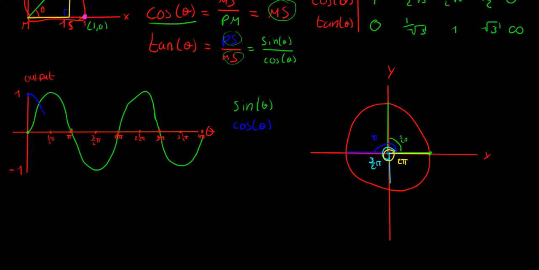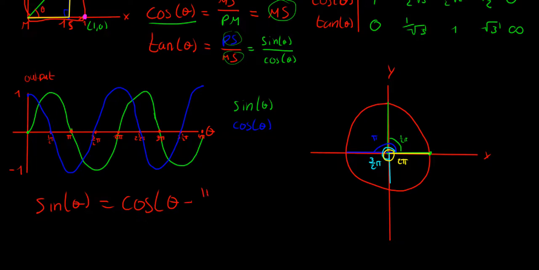Now for our cosine function, cosine of theta, the cosine actually starts at 1. Then at 1/2 pi it is 0. We'll continue to pi, then back to 3/2 pi. At 2 pi it is maximum again, and it will go into the same period over and over again. As you can see, they are very, very similar, which is true because we can rewrite both functions into each other with the following property: our sine function of theta is the same as a cosine function of theta minus pi over 2.